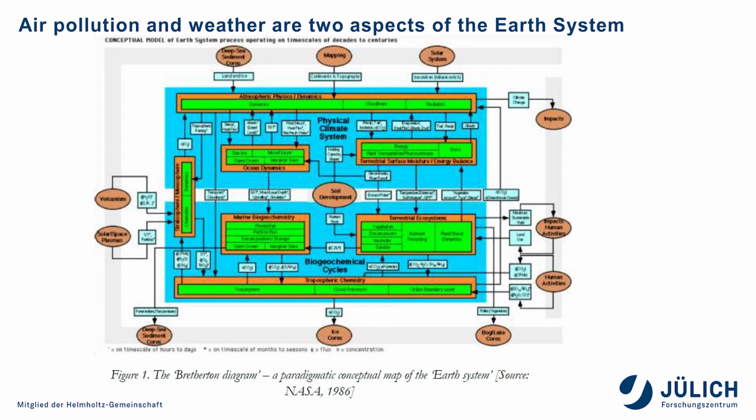Note that stratospheric chemistry is not included specifically in this block, but is put to the left side, between the two parts of the physical climate system and the biogeochemical cycles, because in the stratosphere you have a very close interaction between chemistry and dynamics. So the two factors cannot be separated, which is easier done in the other compartments here.